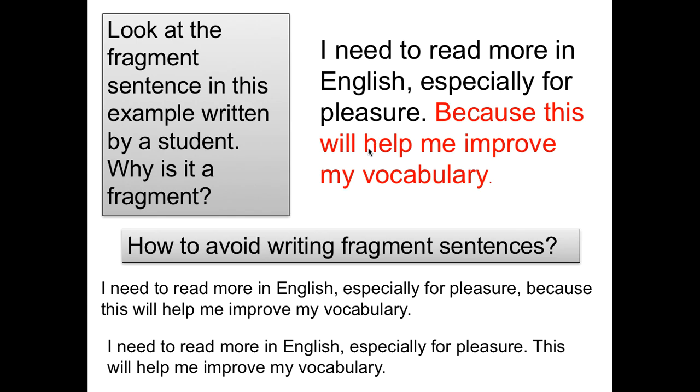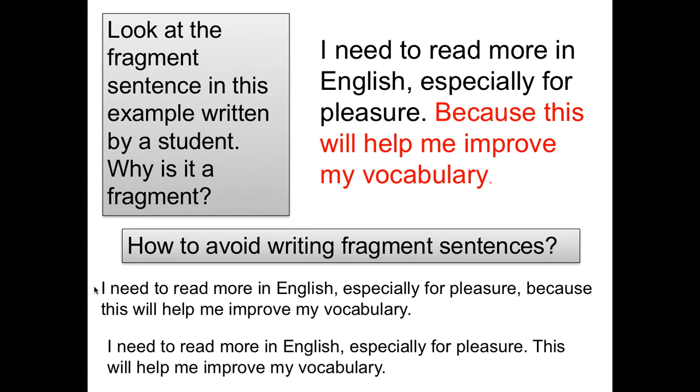The problem is here, you've got this linking word that really leads the reader to expect something more afterward, or leads the reader to confusion in the sense that this is not a complete sentence. This part is dependent on this part. So this is what we call a dependent clause. Without getting too technical, how can you avoid this or fix this?